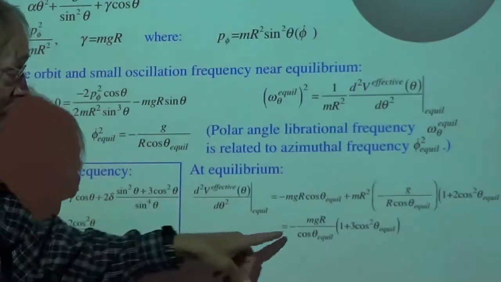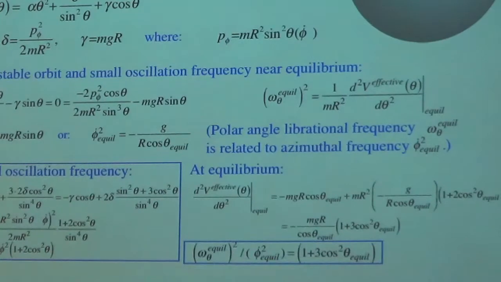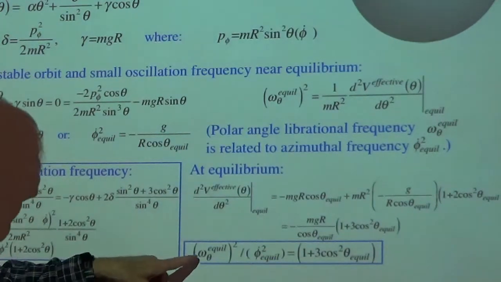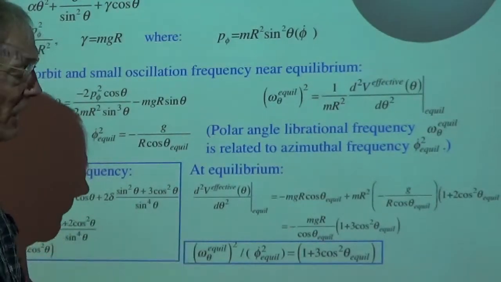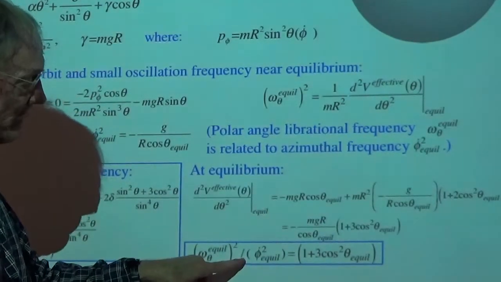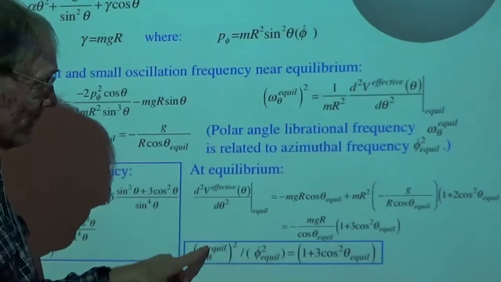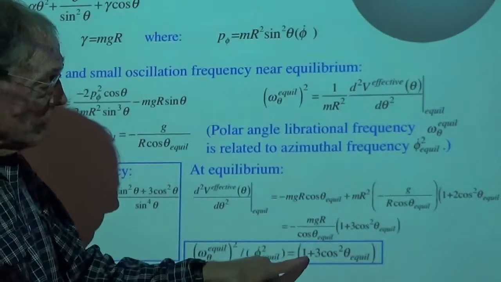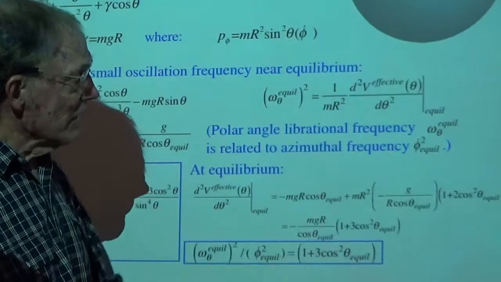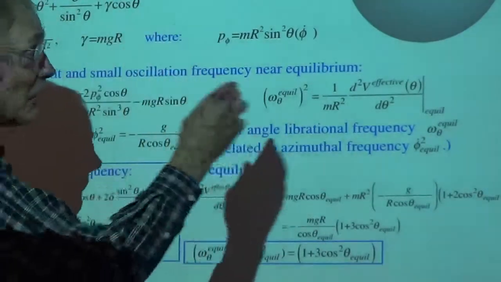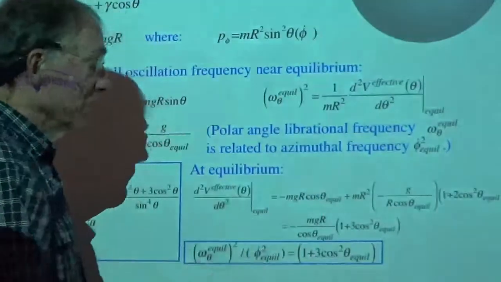Now I have to divide this thing by the inertia, and I do that fairly easily, and I get a ratio between the equilibrium value for the theta libration and the around ratio. Now these both are squared. So I have a 1 plus cosine squared of the equilibrium theta, whatever that is. And the faster you're going around, the further up you get, but never quite reaching the equator.